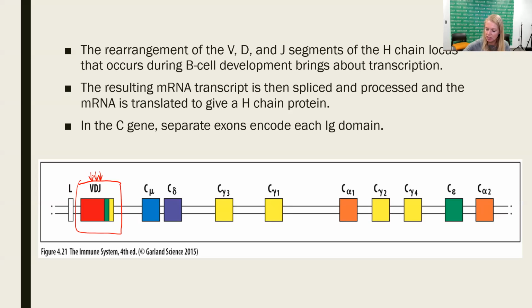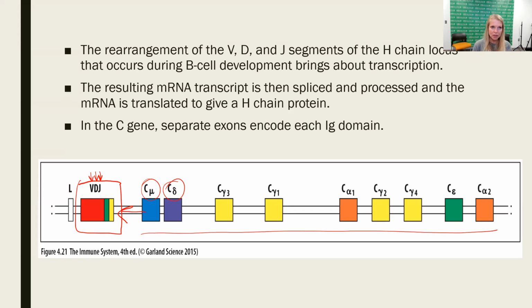That situation is no different, but we'll bring in our constant regions. So then we have mu and we have delta as our first 2 that are closest. And so those are going to be the 2 first that are going to be made because they'll be brought in first. And we'll talk about that in just a little bit more detail later.